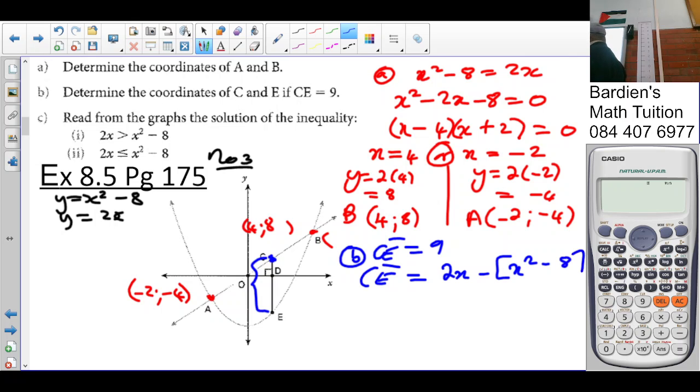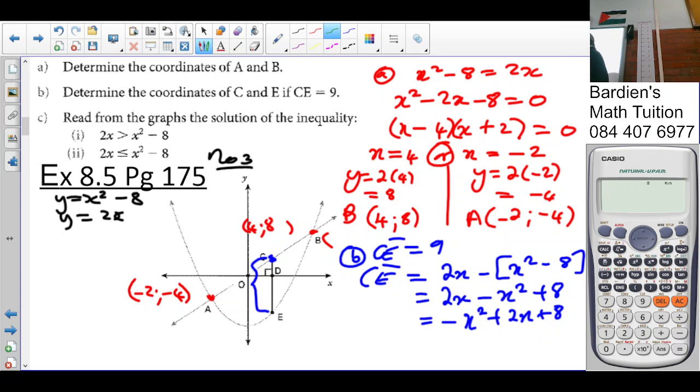Why do I put the bracket there? Because more than one term follows a negative sign. So it's going to give you 2x minus x squared plus 8, which is going to give you negative x squared plus 2x plus 8. But this is the length of EC, not so?